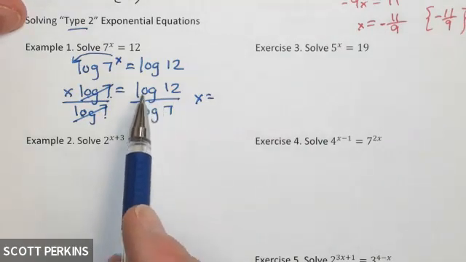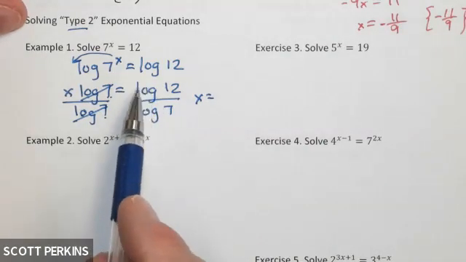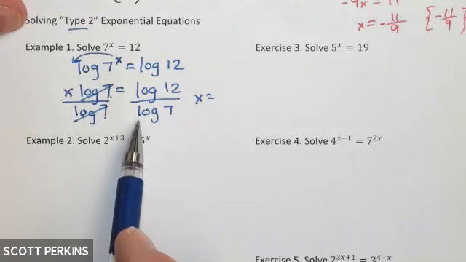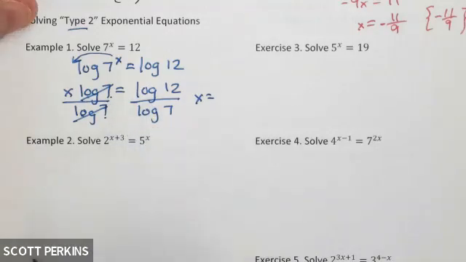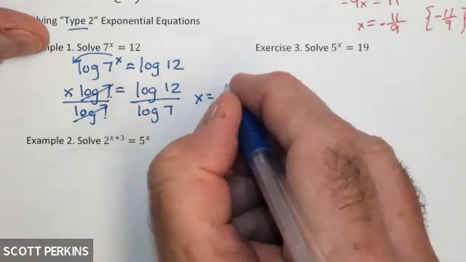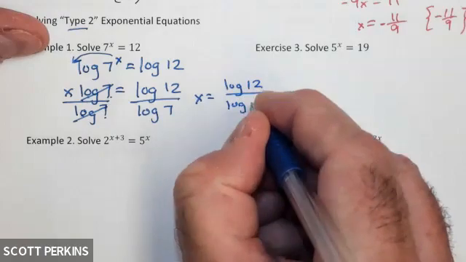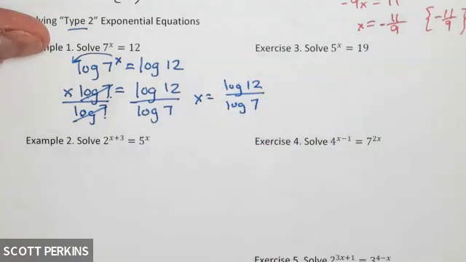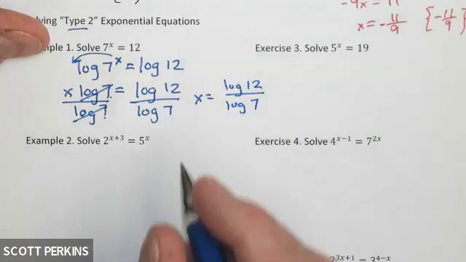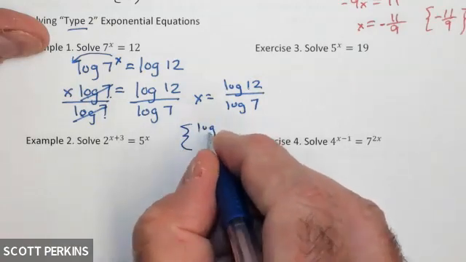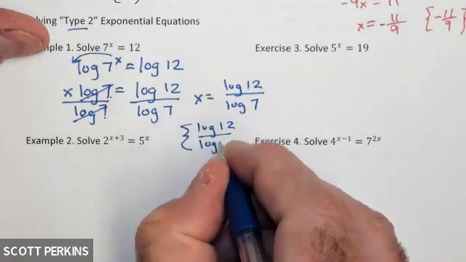It's a ratio. Do not cancel the log. I know the log looks the same on both sides, but that is an operation. That is not variables or anything like that. So here's the answer: the logarithm of 12 divided by the logarithm of 7. Done. So my solution set is the logarithm of 12 divided by the logarithm of 7.